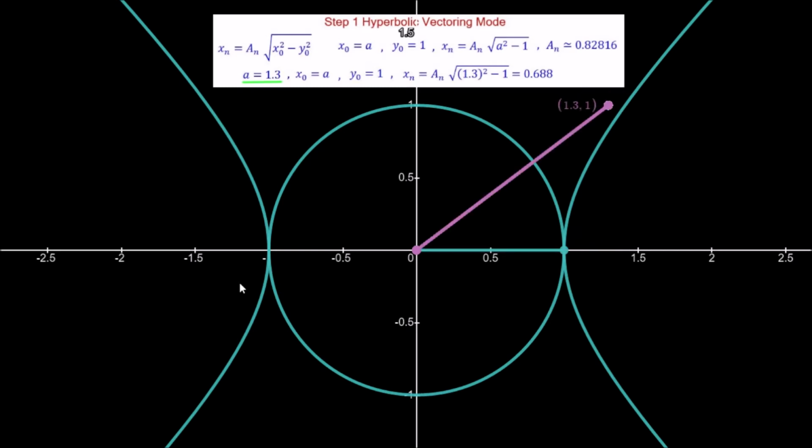Now we're using the vectoring mode, so what we want to do is add and subtract the correct angles in order to ensure that this value here for our y tends towards 0. So I'll go ahead and start subtracting and adding these angles.